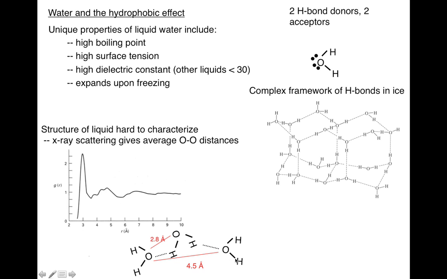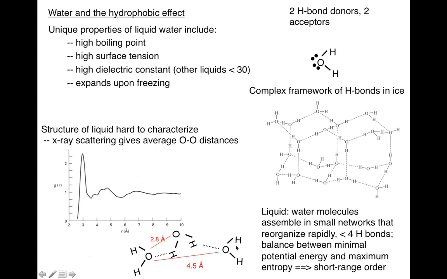The second shell water on average is about 4.5 angstrom oxygen to oxygen distance. It's thought that water molecules assemble in these small networks of hydrogen bonds, often with fewer than 4 hydrogen bonds, unlike in the solid state.